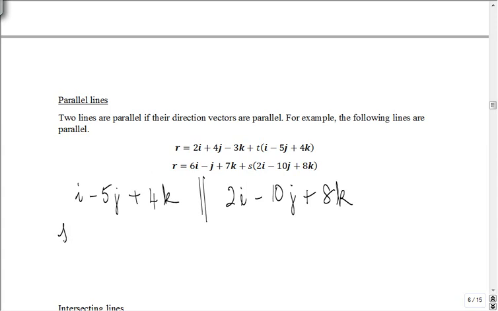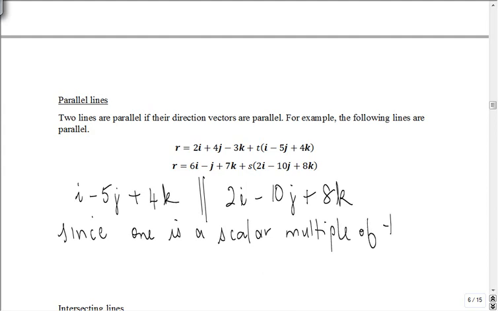Since one is a scalar multiple of the other, that's how you check whether the lines are parallel. All right? Any questions on parallel lines?